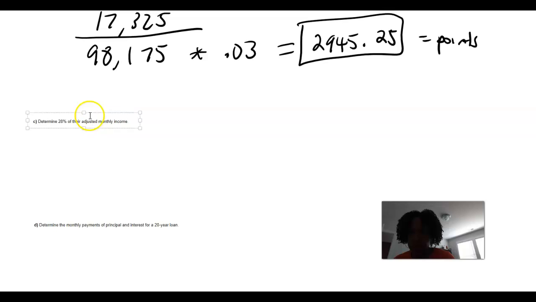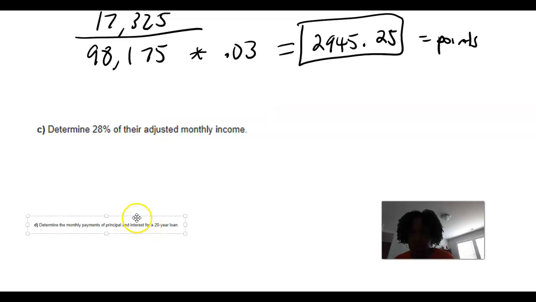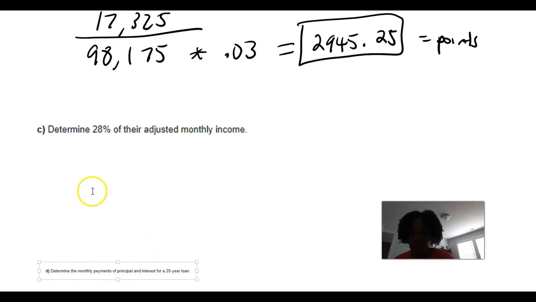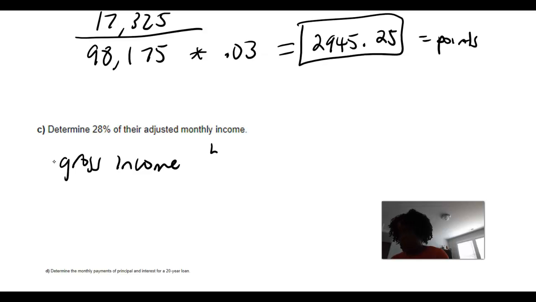Part C, we want to find 28% of their adjusted monthly income. So their gross income is $4,950.